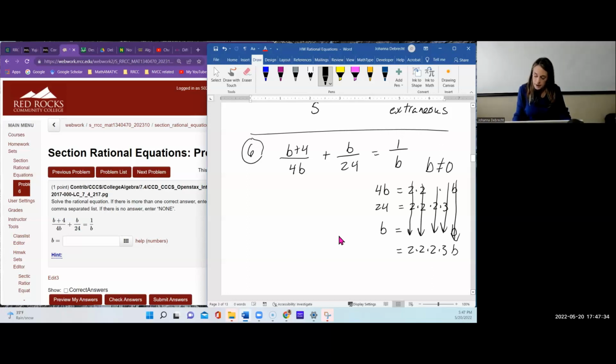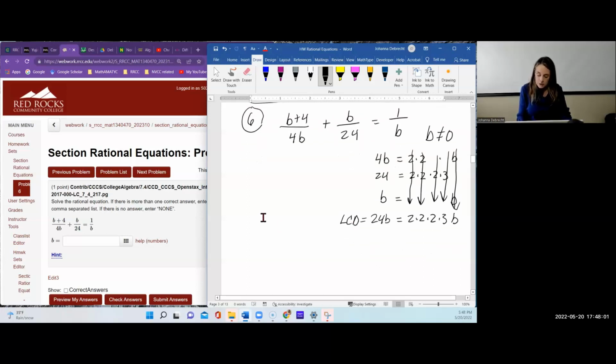And I need 1 b because the first denominator needs a single b and the third denominator needs a single b. I don't need b squared. It wouldn't hurt. It would give me an equation I could solve, but it's overkill. 2 times 2 times 2 is 8, and 8 times 3 is 24. This gives me 24b to serve as my lowest common denominator.